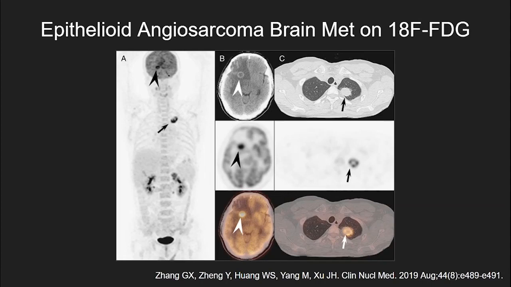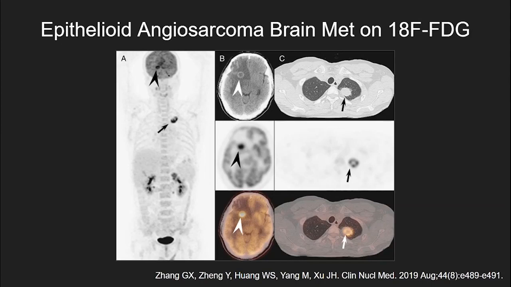An example of such a metastatic tumor here is a pulmonary epithelial angiosarcoma, which demonstrates intense primary tumor uptake in the lung, which you can see in C, and then on the fused images below, and then also similar intense FDG uptake in the brain metastasis with significant surrounding parenchymal edema, as seen in the B column and on the fused image at the bottom.